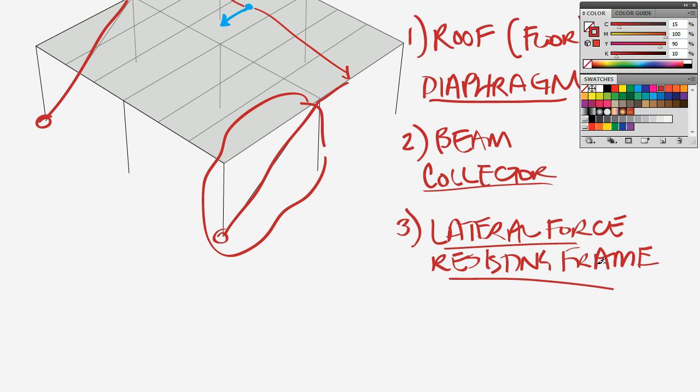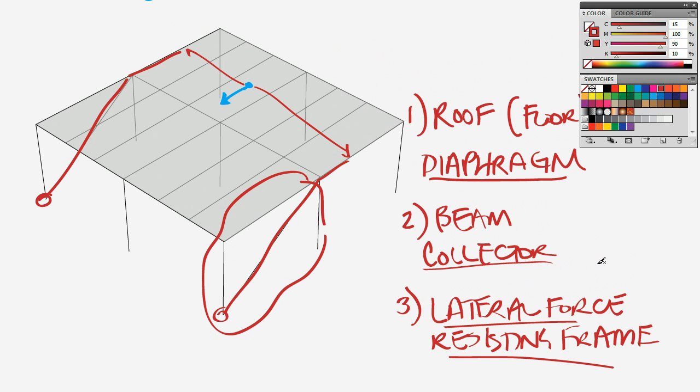So to summarize, for the seismic load resisting system in a building, we've got three important elements: the roof diaphragm, beams that act as collectors, and then special lateral force resisting frames throughout the building. Seismic design is just going through and performing the analysis and design for each of these various elements in the system.